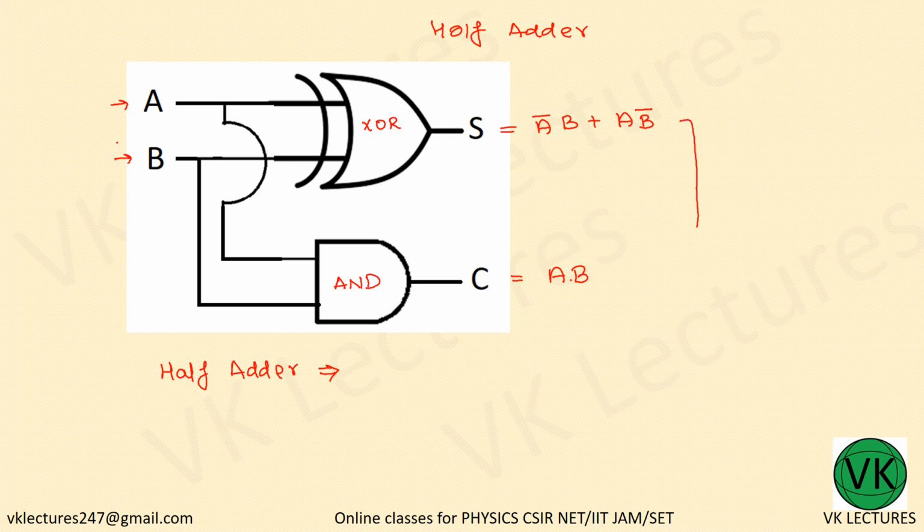You cannot add them, they remain as 2 outputs. So S is equal to A XOR B, and C is equal to A dot B.